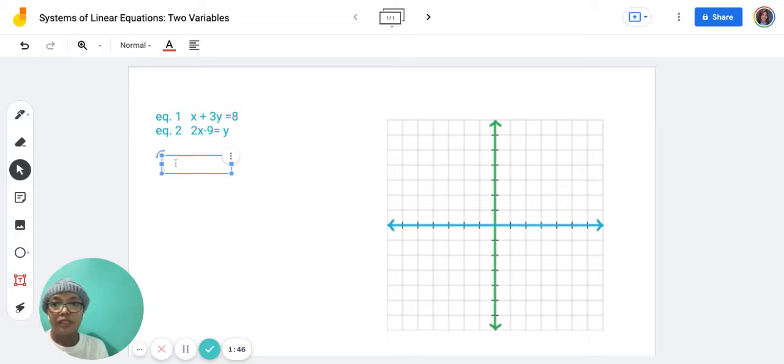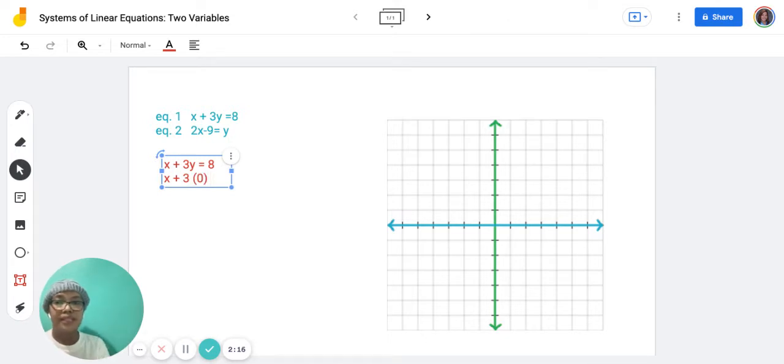So in equation 1, let's use an x and y intercept. So x plus 3y is equal to 8. To get the x-intercept, we will be equating y is equal to 0. So x plus 3 times 0 is equal to 8.